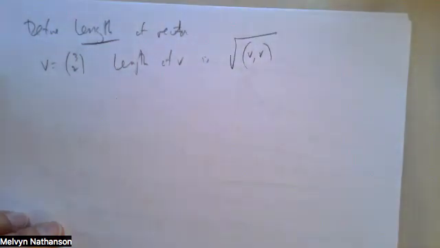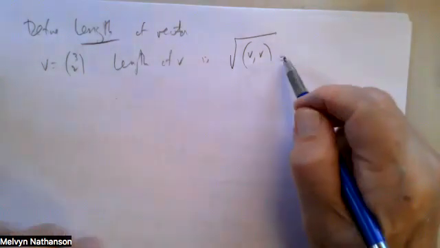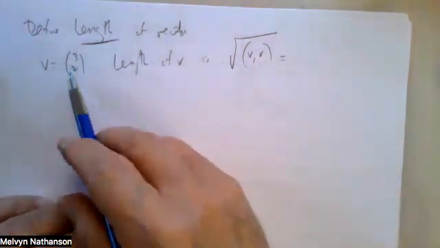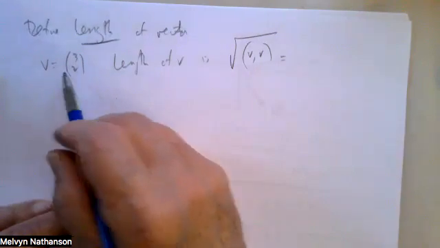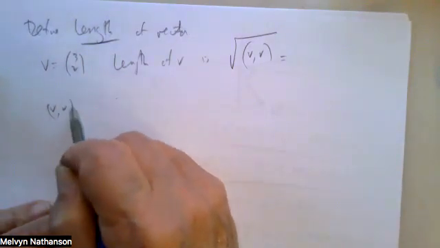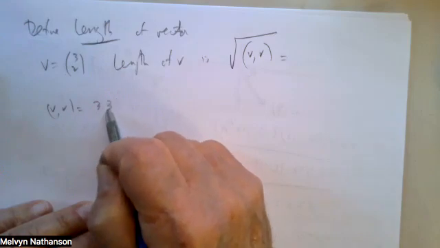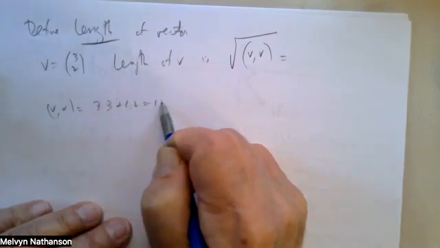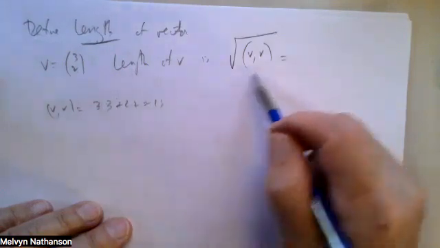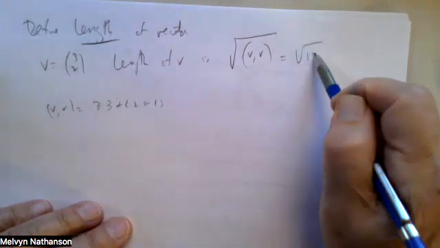In this case, the inner product of v with v is 3 times 3 plus 2 times 2, or 13. So the length of v would be the square root of 13.